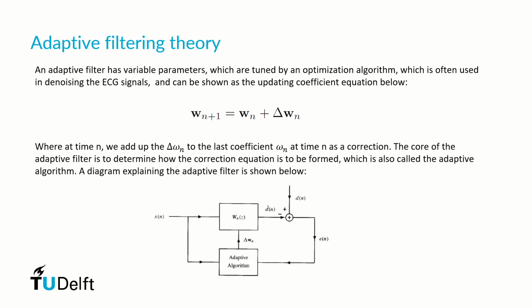The core of the adaptive filter is to determine how the correction equation is to be formed, which is also called the adaptive algorithm. A diagram explaining the adaptive filter is shown below, and according to different correction equations or adaptive algorithms, we can have different adaptive filters. And we are going to introduce three adaptive filters in our project.